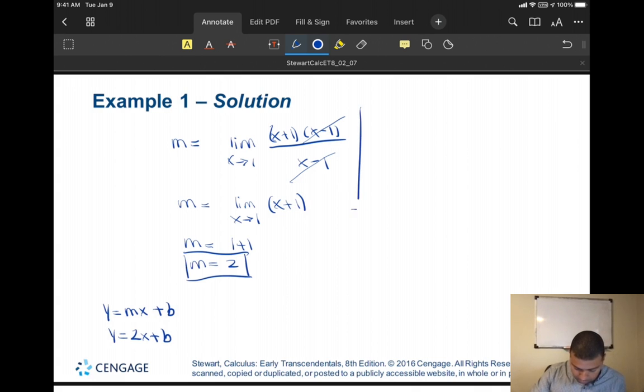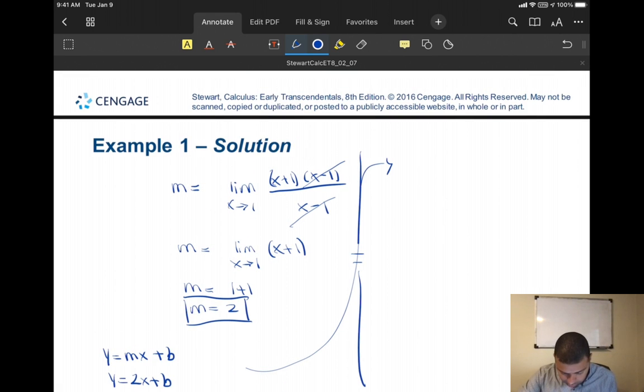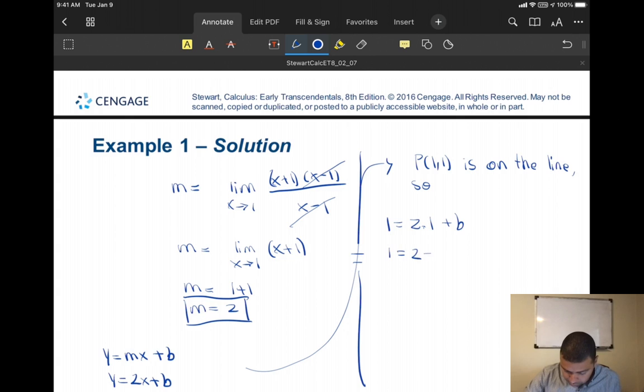So let me break this apart. So now the point (1, 1) is on the line. 1 equals 2 times 1 plus b. 1 equals 2 plus b. b equals minus 1 by subtracting 2 from the left.